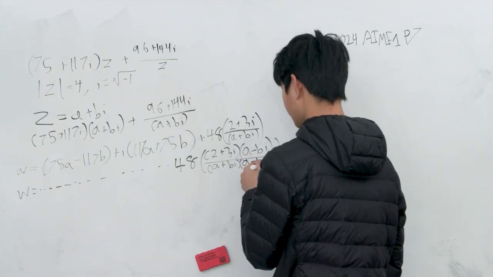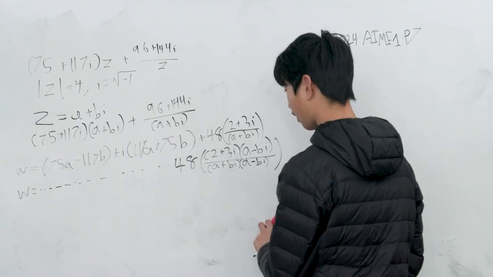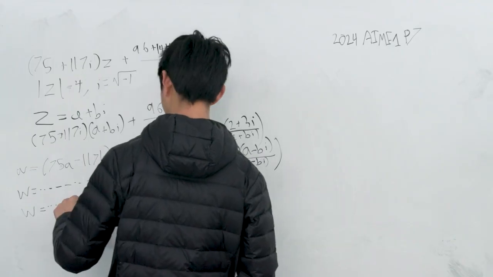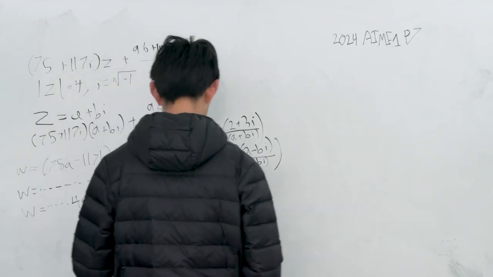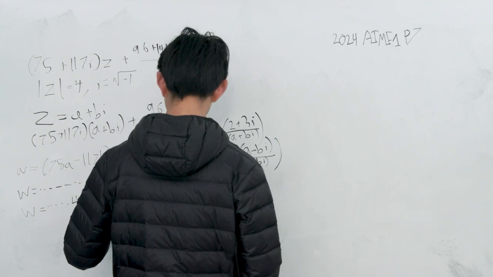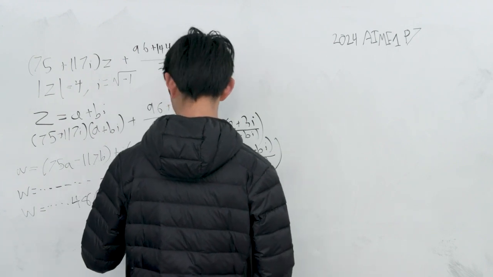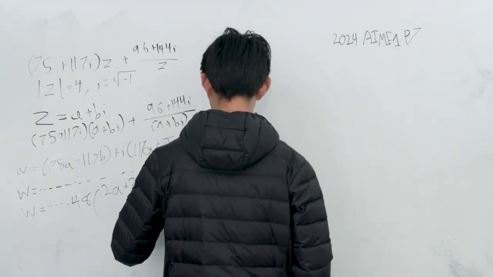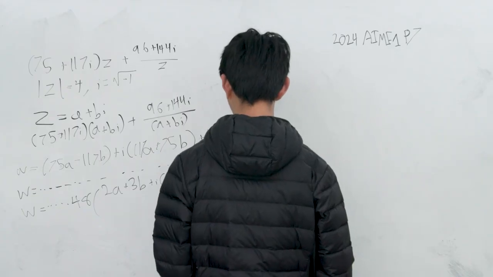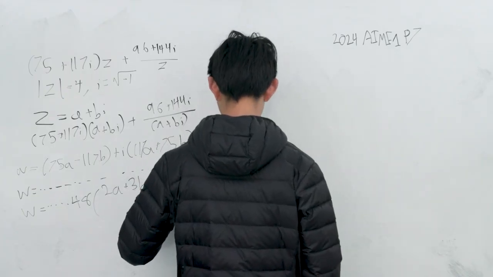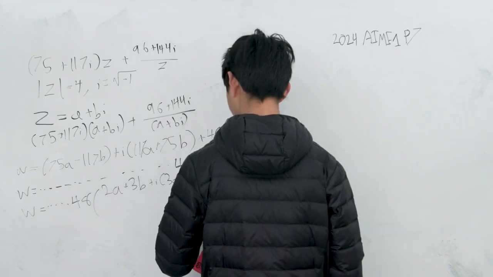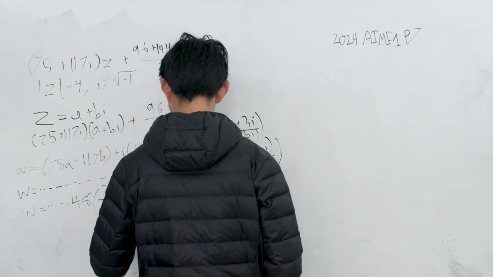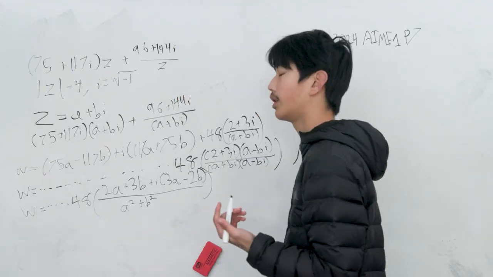All of this simplifies, but I'm going to write it a little bit smaller now. 48 times (2a plus 3b), and then on the top we can factor out the i, and this becomes (3a minus 2b), and then divide this by a squared plus b squared, which we know is 16.